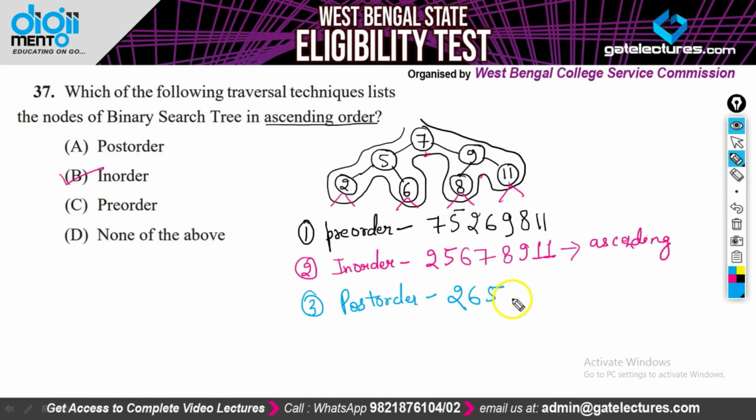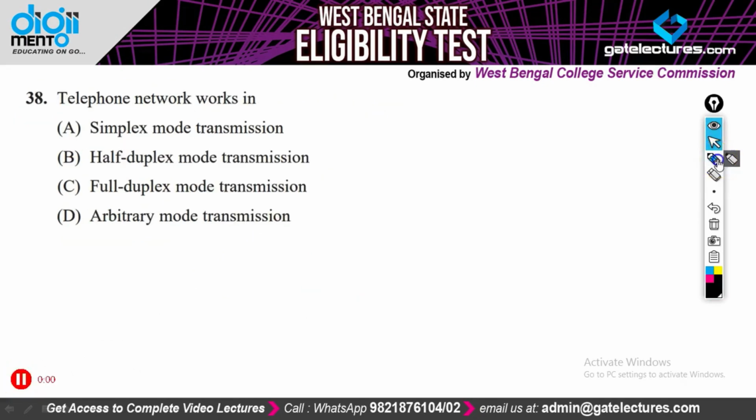Now 8 is visited last time, then 8, then 11 is visited last time, then 9 is visited last time, and then in the end 7. So this is our post-order. So out of all, we have picked our right answer. So in-order is the one which gives the traversal in ascending.